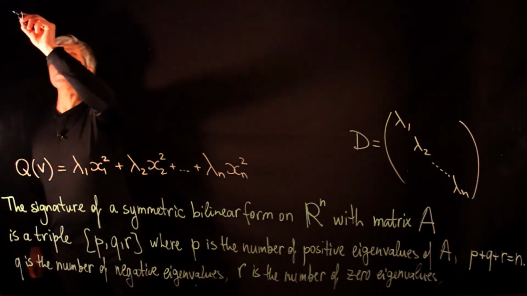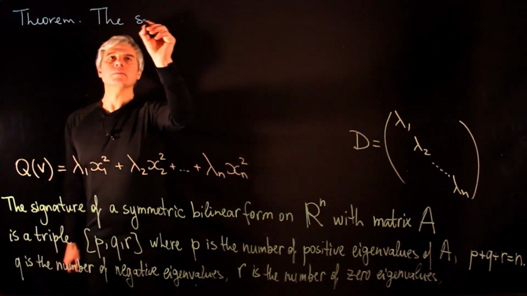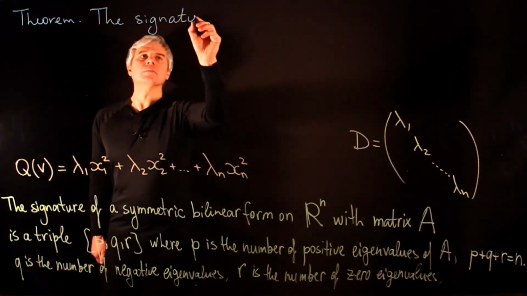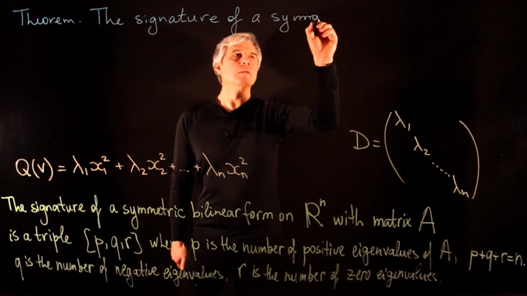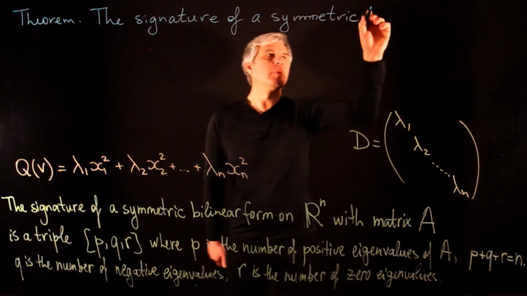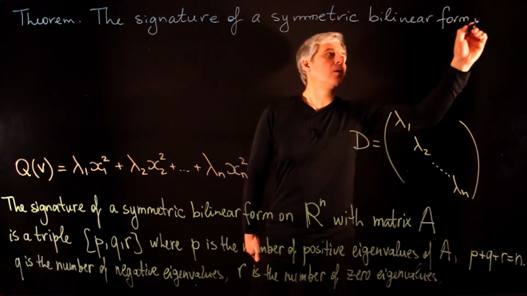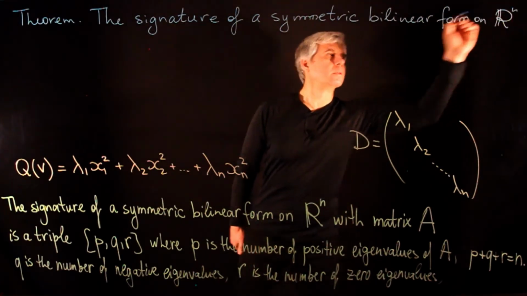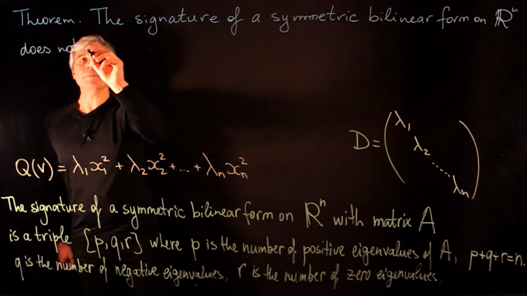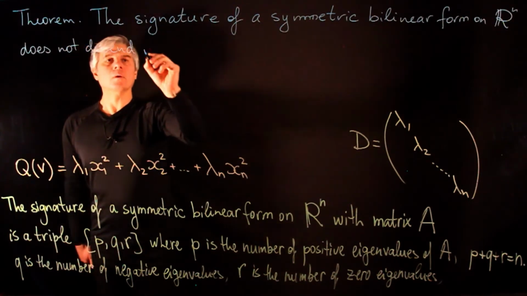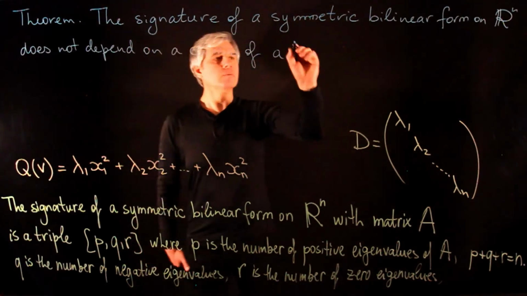We're going to prove the following theorem, that the signature of a symmetric bilinear form on Rn does not depend on a choice of a basis.